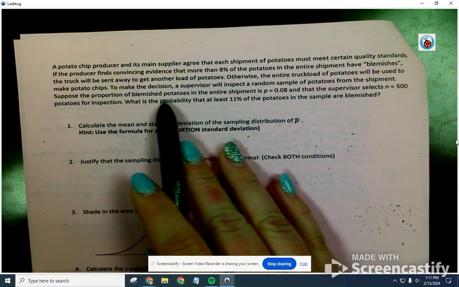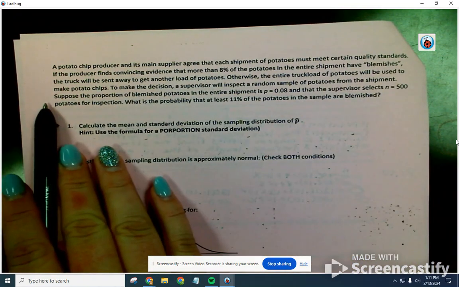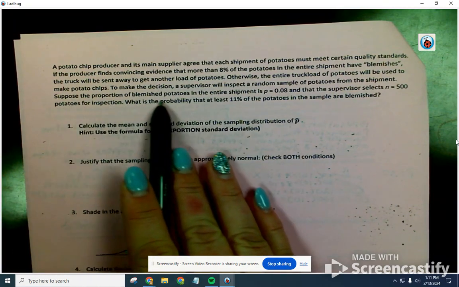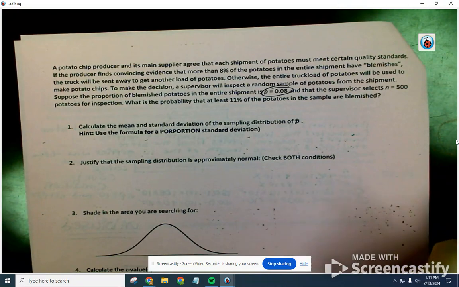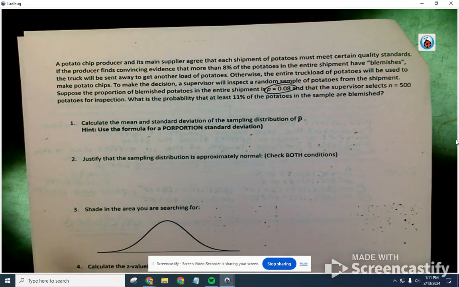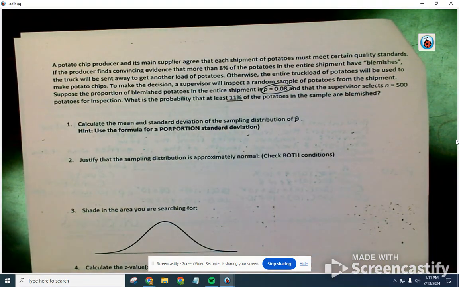To make the decision, a supervisor will inspect a random sample of potatoes from the shipment. Suppose the proportion of blemished potatoes in the entire shipment is p = 0.08, and the supervisor selects n = 500 potatoes for inspection. What is the probability that at least 11% of the potatoes in the sample are blemished?